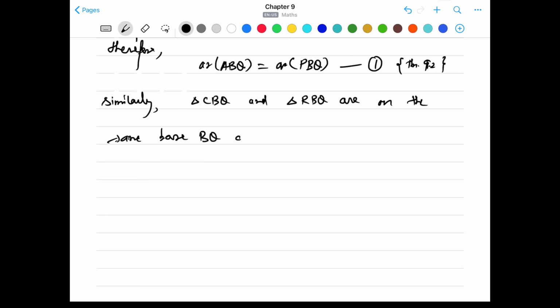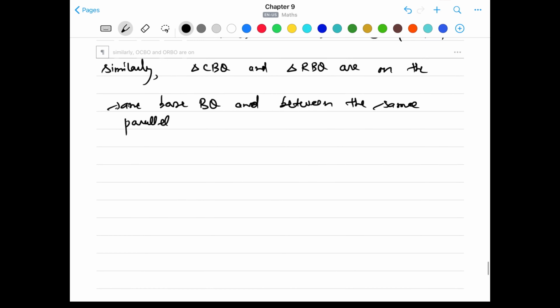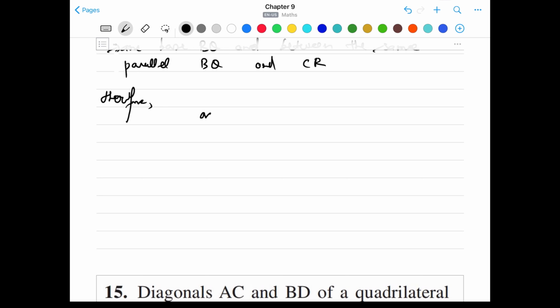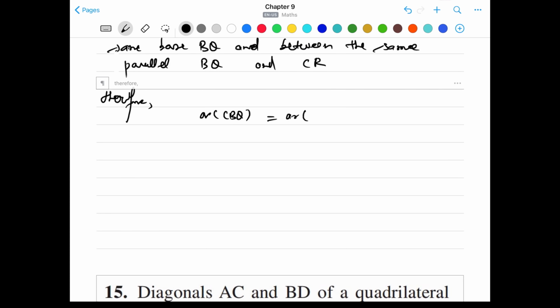The same base for them is BQ and between the same parallel for them is BQ and CR. Therefore the area of triangle CBQ will be equal to the area of triangle RBQ. Okay, let's name it equation number 2.